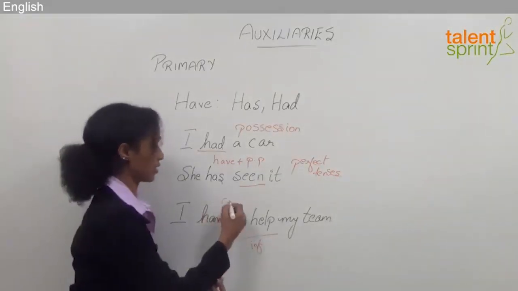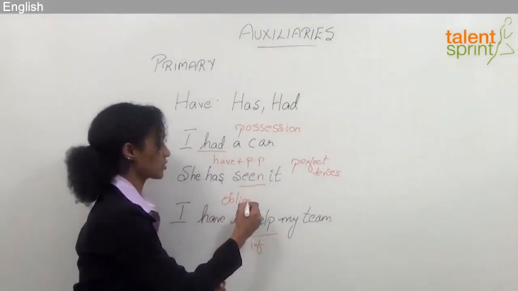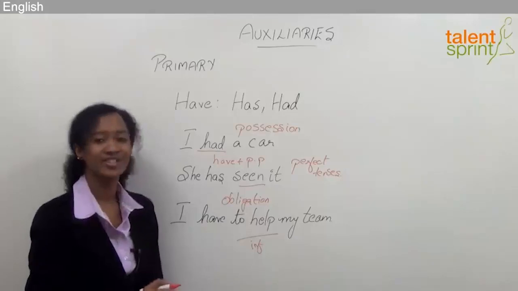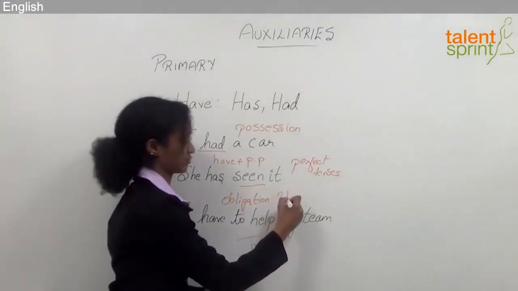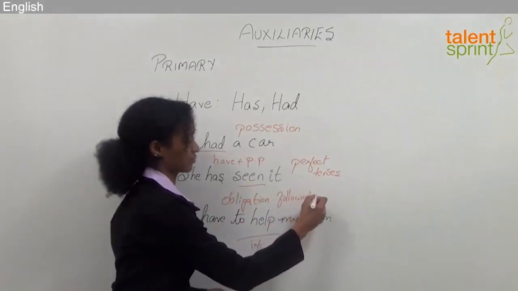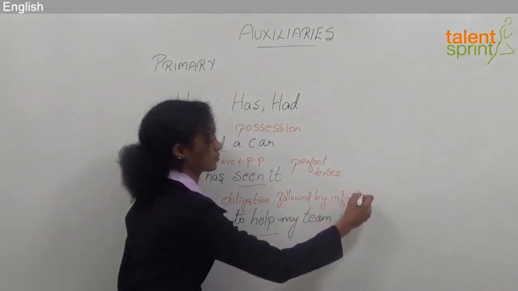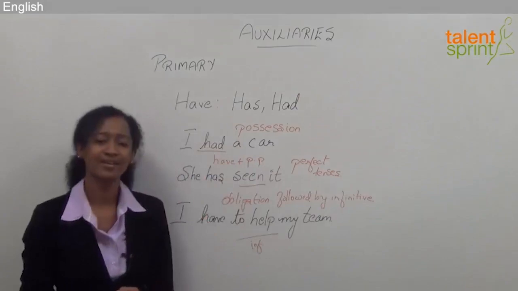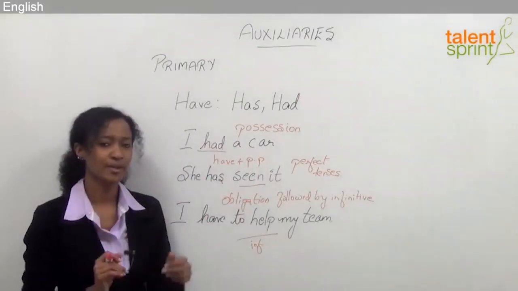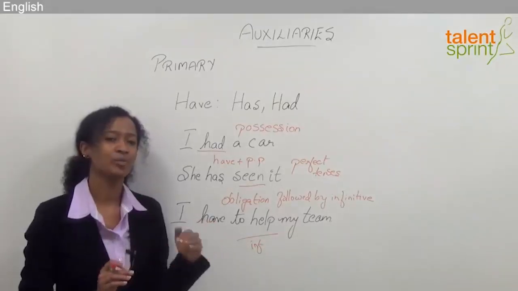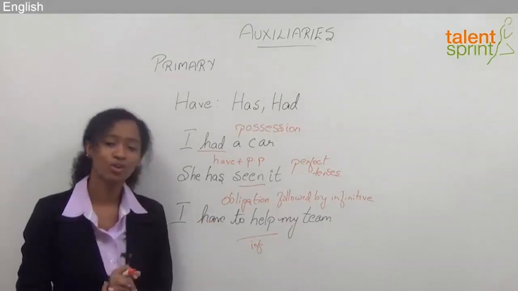So it is also used to express obligation followed by an infinitive structure. Okay, so these are our primary auxiliaries, be, do, have, and we've understood where and when it is appropriate to use them. Let's move to our modal auxiliaries now.